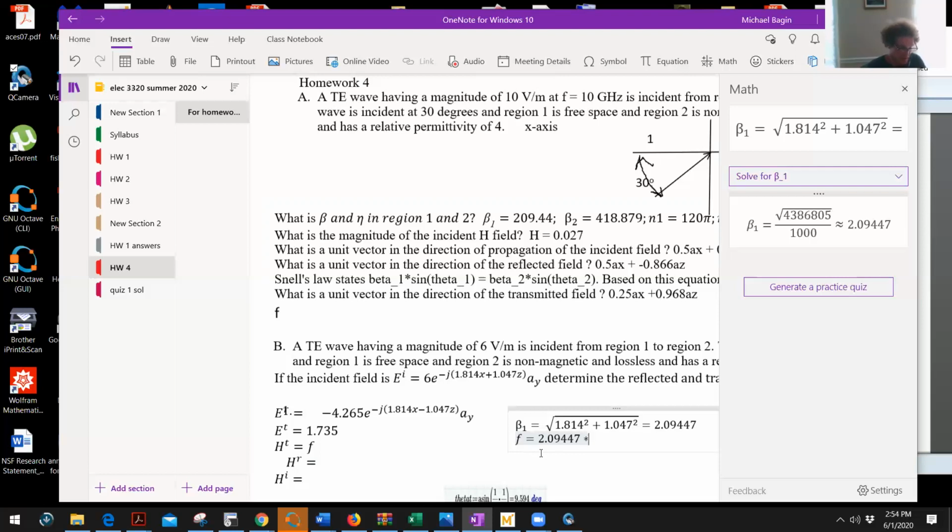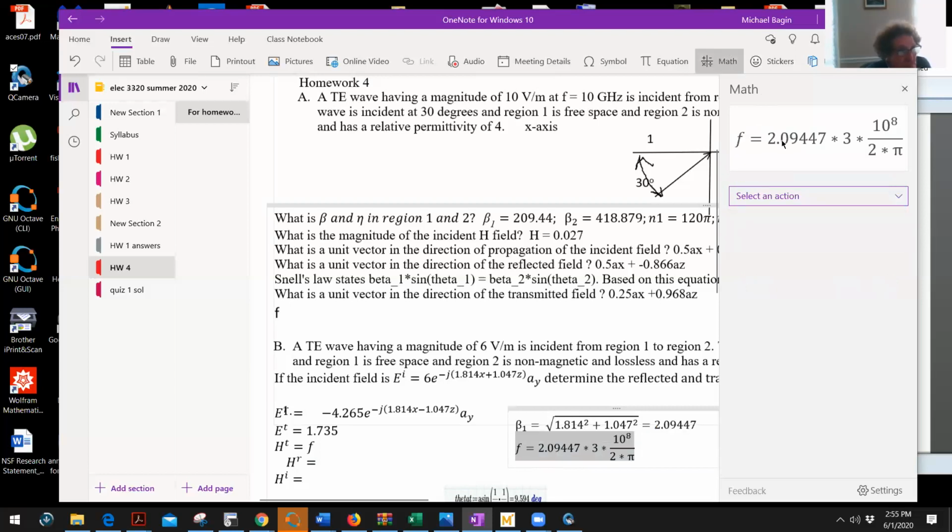So it's this times 3 times 10 to the 8th, divided by 2 times pi. I'll see if this will allow me to calculate. I'm not sure it will. It did.